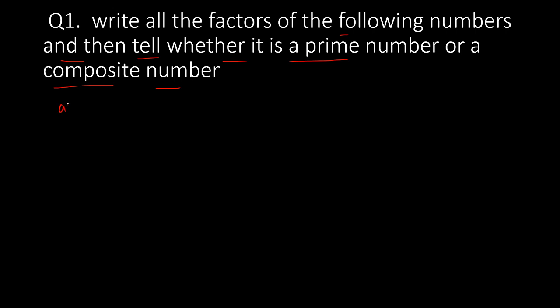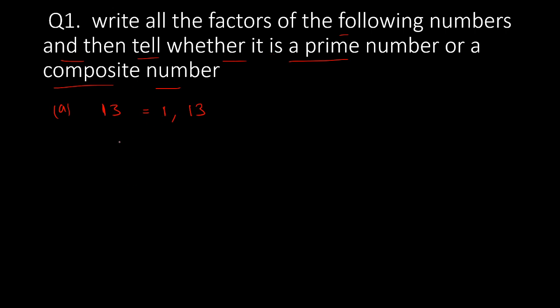Part A of this question says that the number which is given is 13. The question is saying write all the factors of the following numbers. So if we want to write the factors of 13, then what are the factors of 13? Factors means by which numbers we can divide 13. So 13 is a prime number, so we can divide 13 only by 1 or 13 itself. So the factors of 13 are 1 and 13. And the question is also saying tell whether it is a prime number or a composite number.